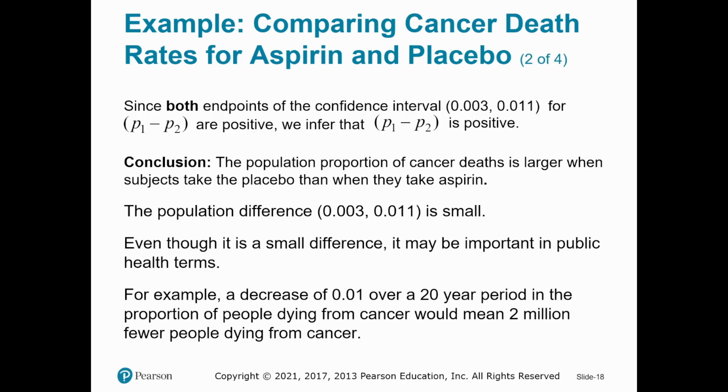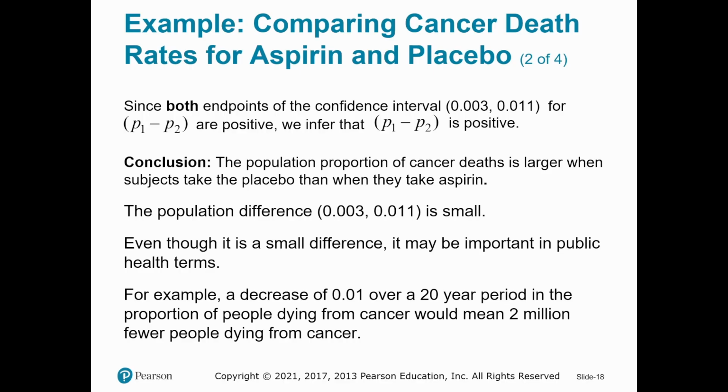The population difference is small, but even though it is a small difference, it may be important in public health terms if you're dealing with a lot of people. Small differences when you're dealing with a lot of people can be meaningful differences.